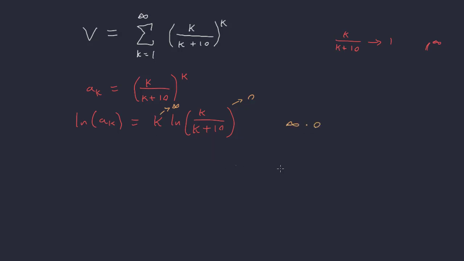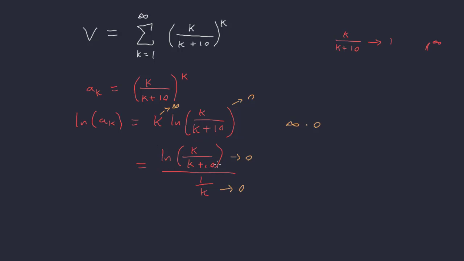So I'm going to move that k thing down to get the natural log of k over k plus 10 all over 1 over k. And now we should have a 0 over 0. So we can use L'Hopital's rule. I'll give you a hint here.